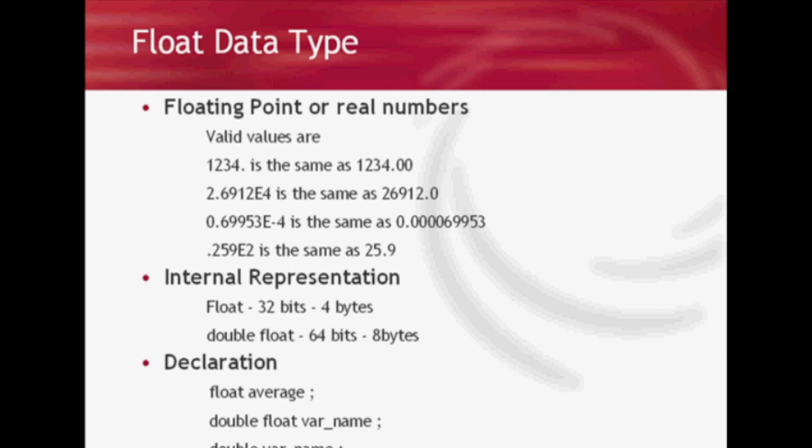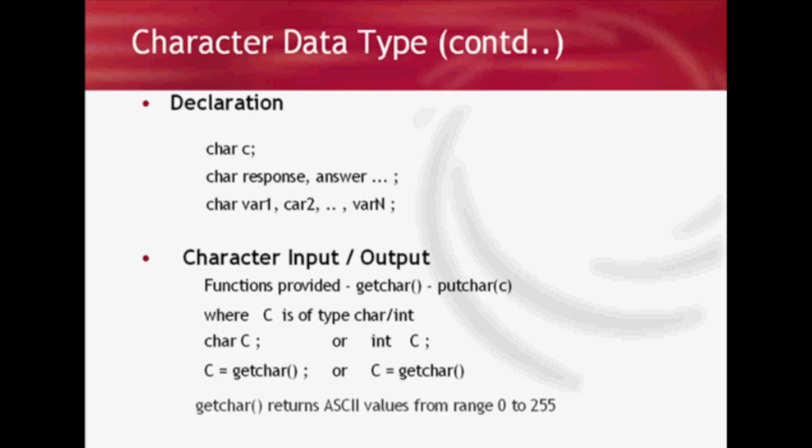Now let us see character input and output. In C, the functions provided to input or output characters are getchar and putchar. You can define a variable of integer type or of character type. For example, char c, and I can write c = getchar.